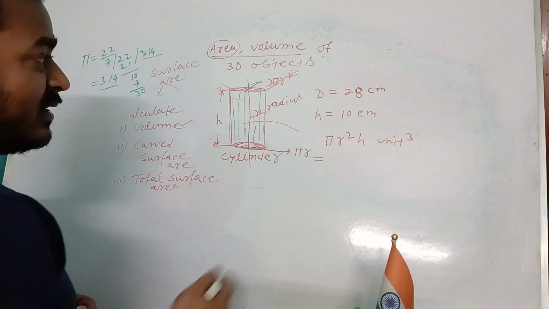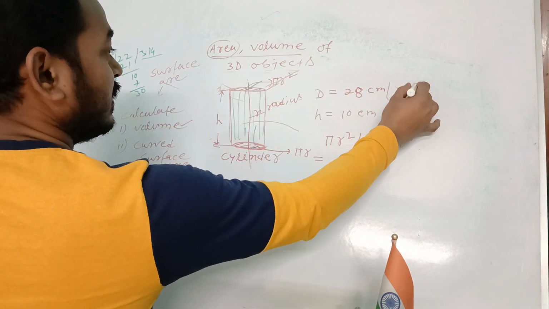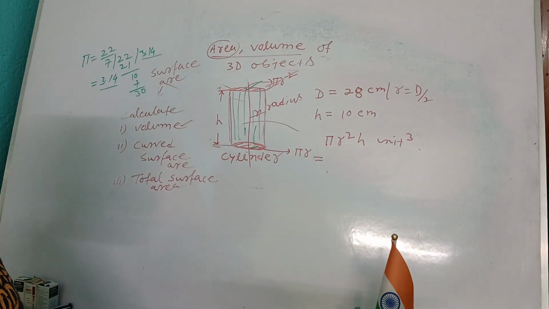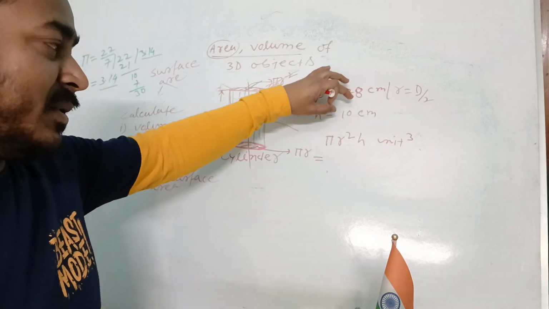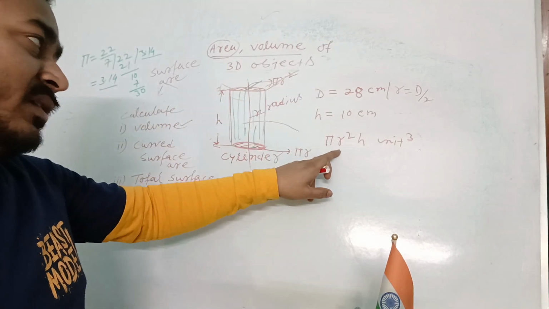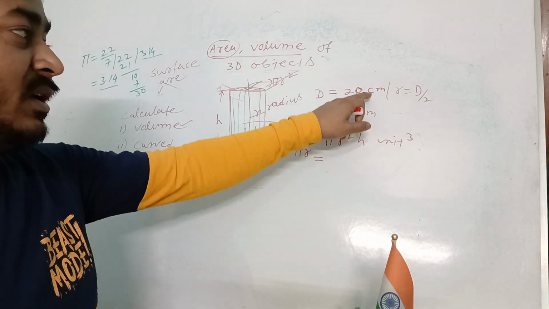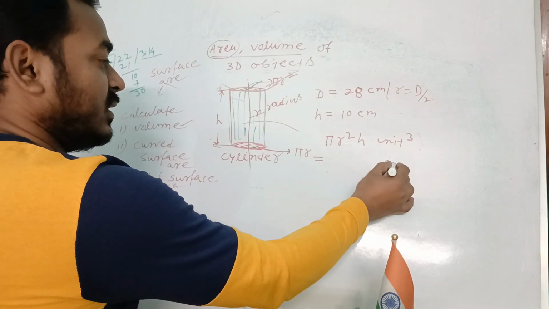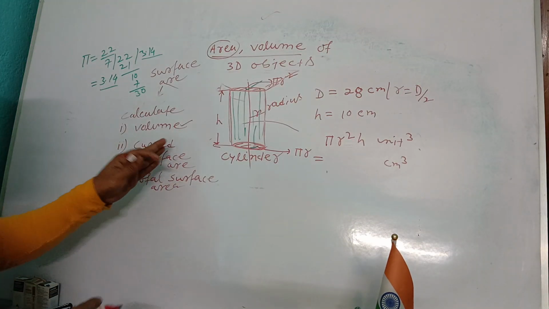We know r is equal to diameter divided by 2, so just divide the diameter by 2 and you will get r, and h is given as 10. Just calculate it. The unit is centimeter cube.